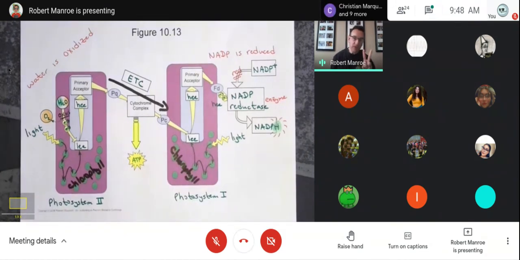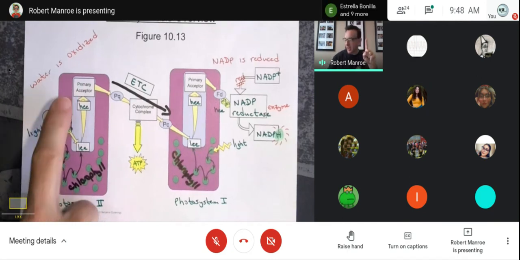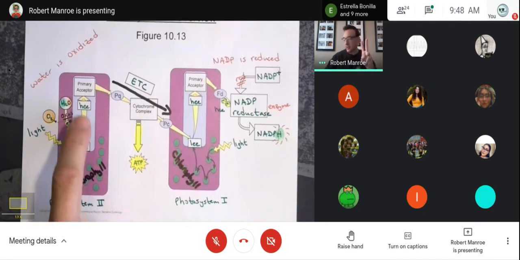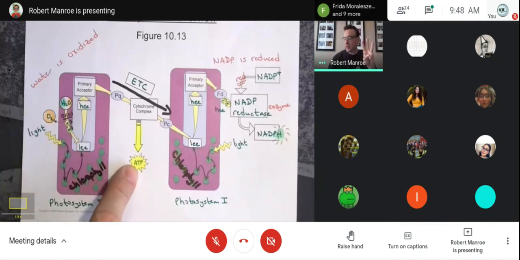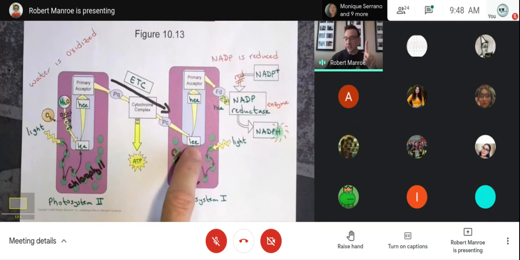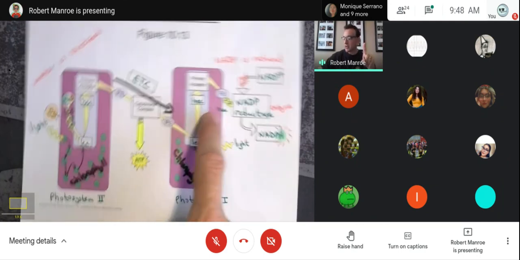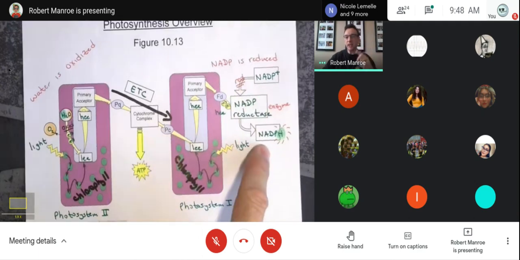There's two photosystems. The first photosystem oxidizes water and excites the electrons and makes ATP. The second photosystem excites the electrons and then bonds those high energy electrons to NADP to make NADPH.